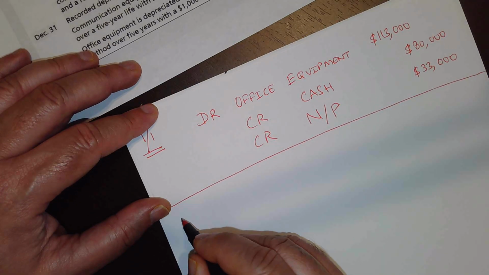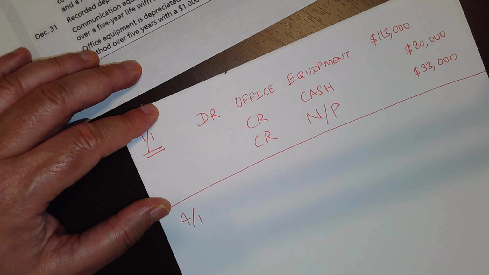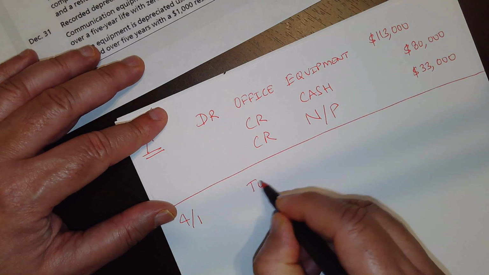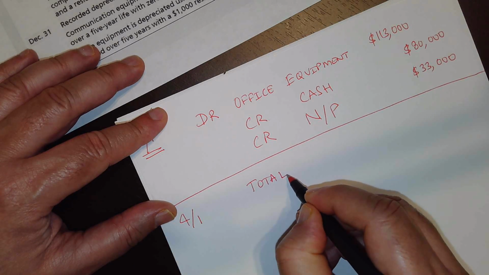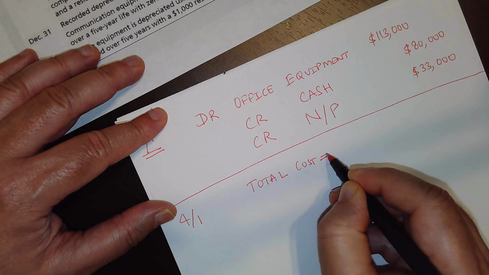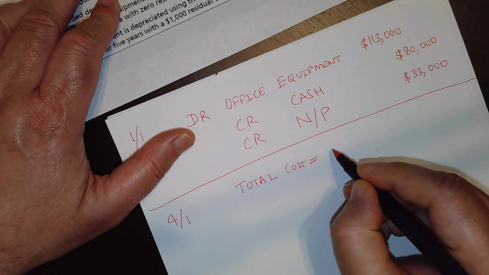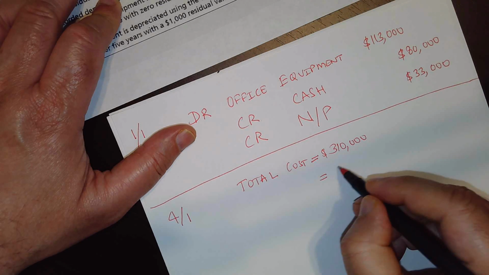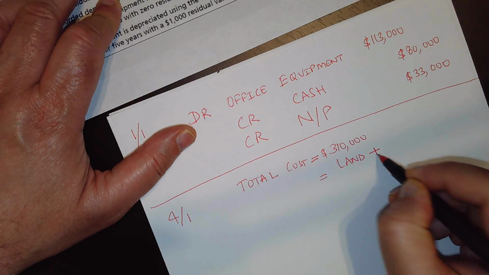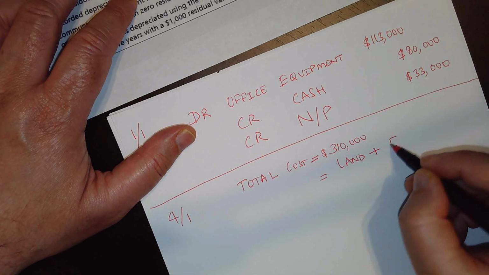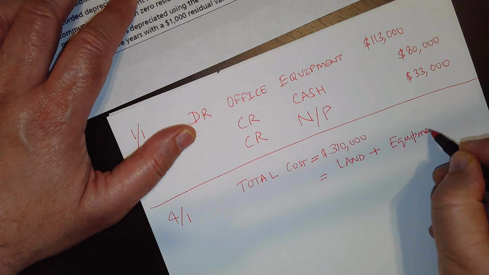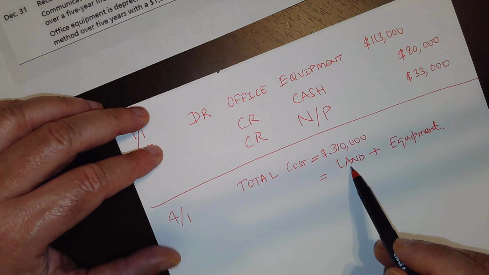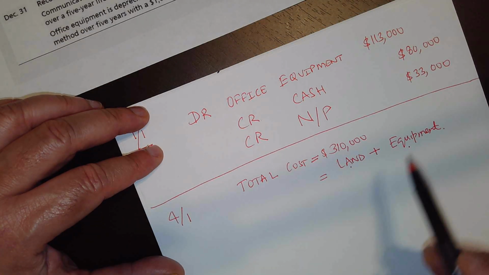On April 1st, the total cost is $310,000 that we paid in cash for two things: land plus equipment. Now, at this point, we do not know how much is the land and how much is the equipment. That's why we call for an appraisal.